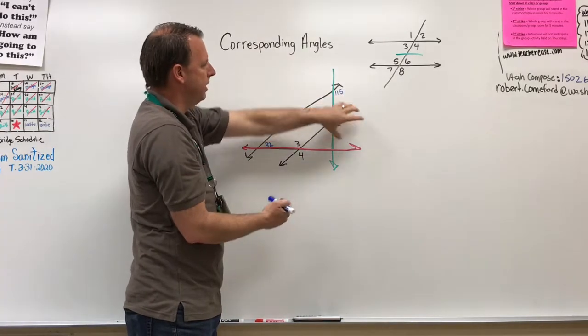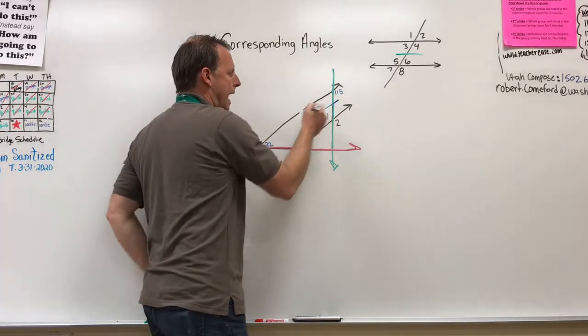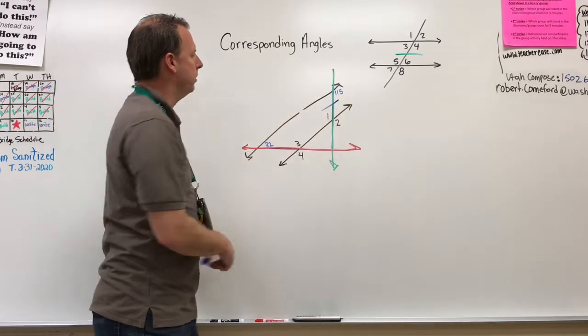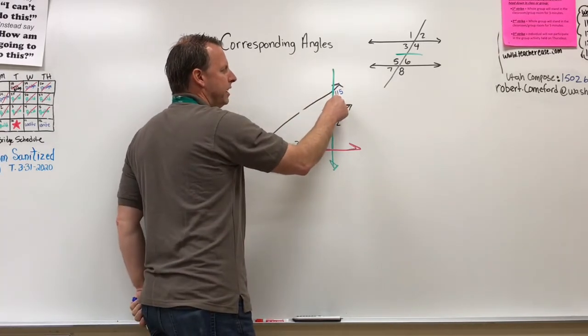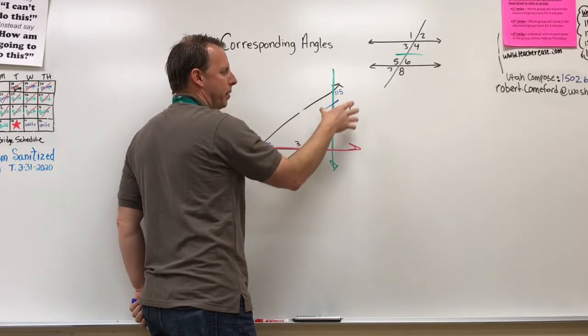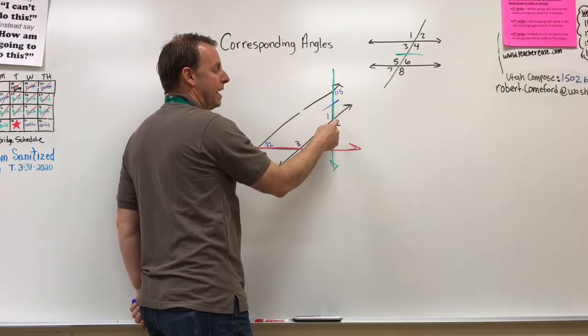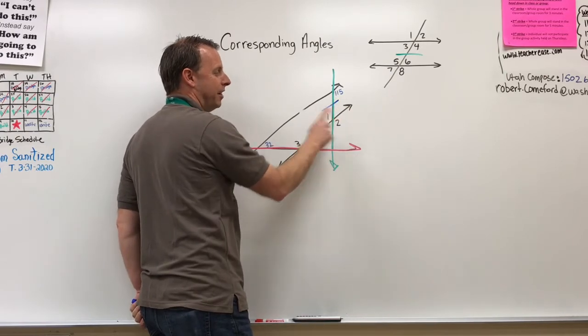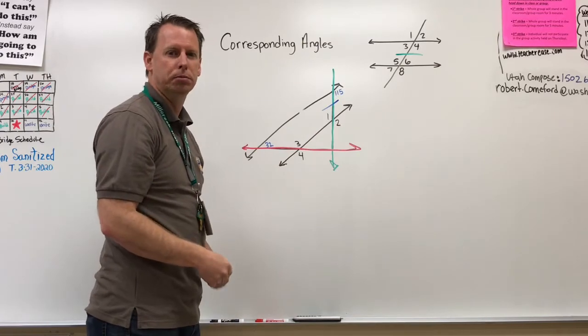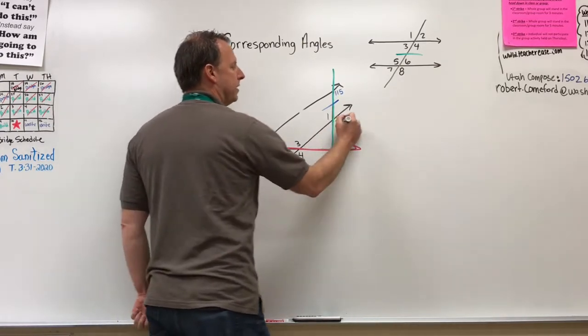I've got some angles down here. If I were to chop, pick this up and plop it down, notice this 115, it's under the line and on the right. So if I picked that up and plopped it down here, it would match up with the angle that's under the line and on the right. See, 115 would land right on 2. 2 is 115. That's easy.